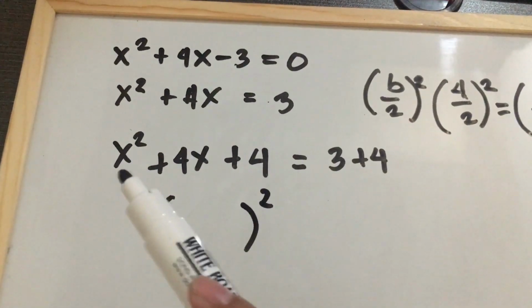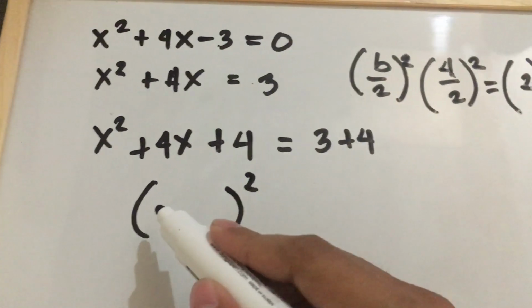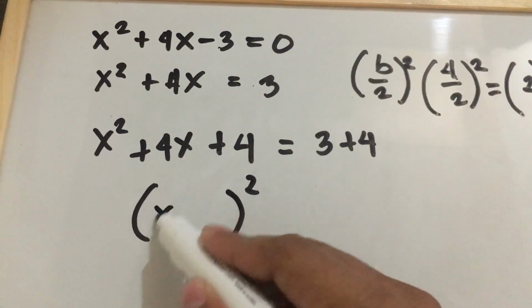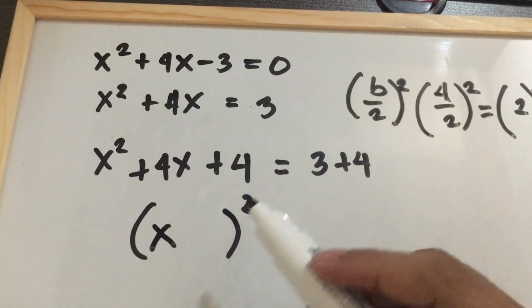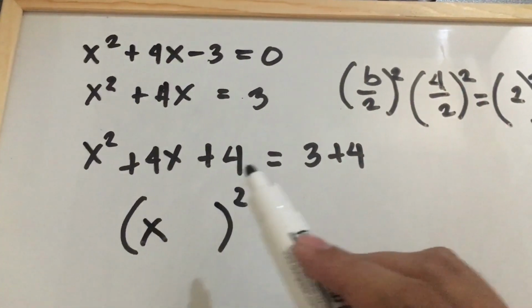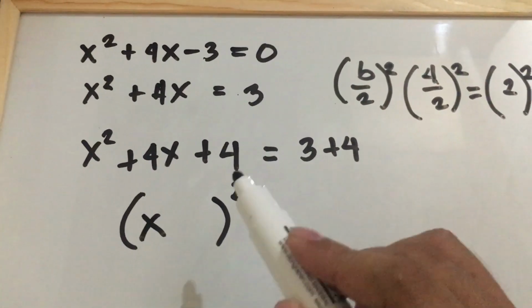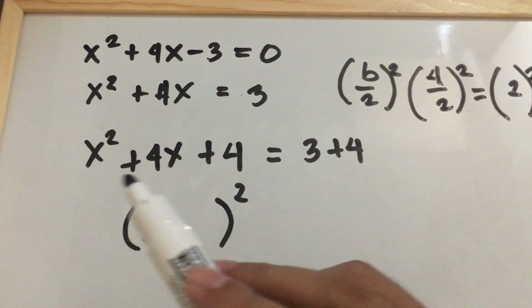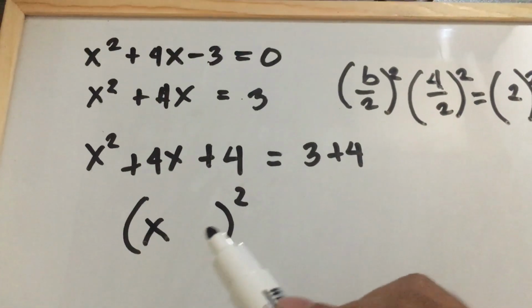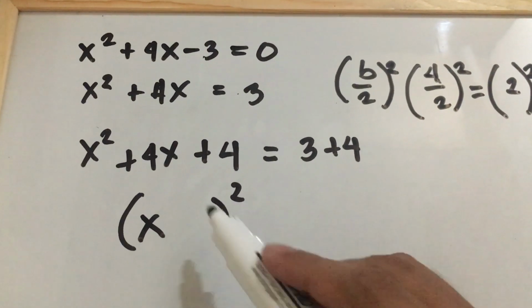The variable is x, so we write x there. Factoring the trinomial gives a perfect square binomial. Since the variable is x, we write x, and then we also write a number.